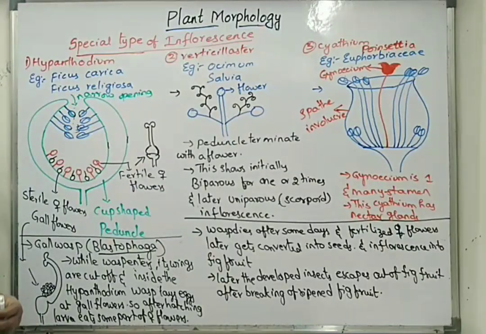So these are important examples under Hypanthodium, Verticellaster and Cyathium type of inflorescence.